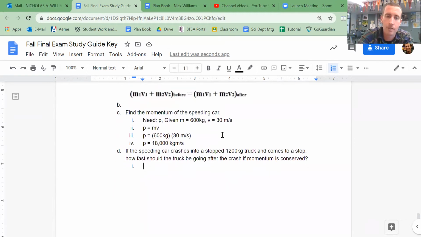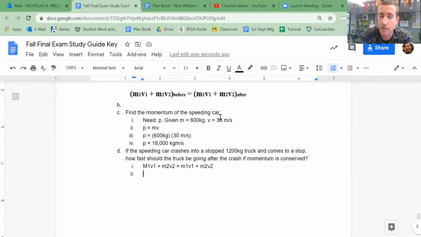Now I need to plug in what I've got. My speeding car is going to be object 1.